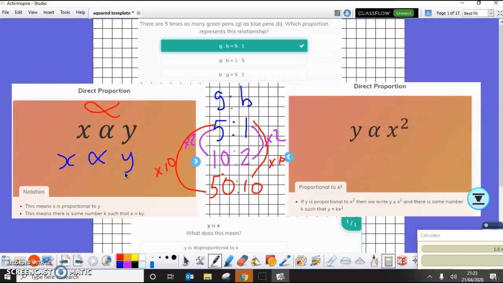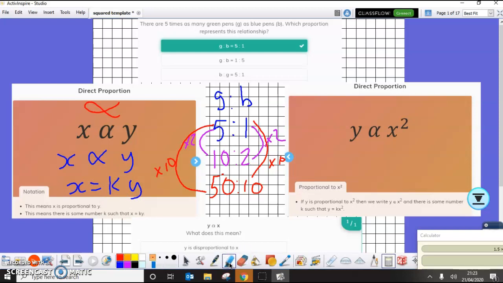Now if we rewrite that, you can see at the bottom here, this means that there is some number which is defined as k, or a constant, such that x equals y multiplied by a scale factor.